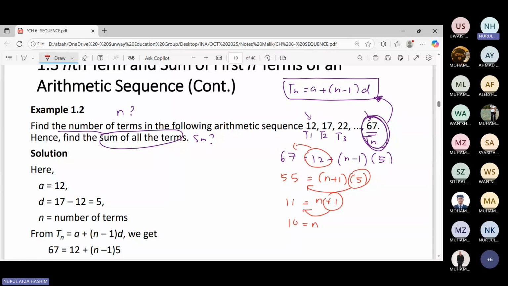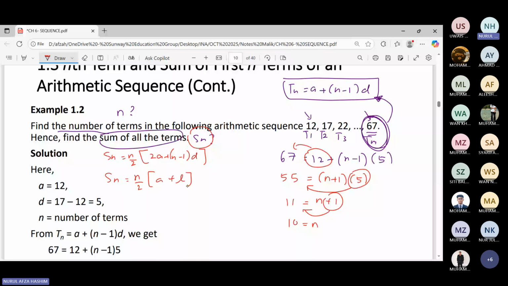Okay, now they're asking you Sn. So Sn formula, it should be n over 2, 2a plus n minus 1 d. You can use this formula, or you can use another formula. Sn equals to n over 2 times a plus l. So L is what?